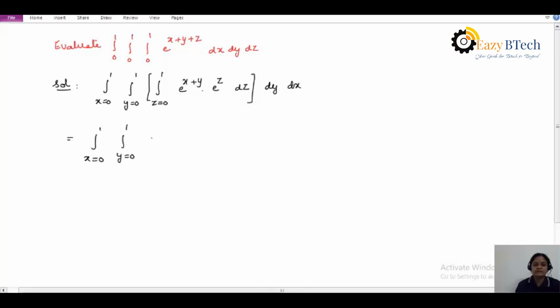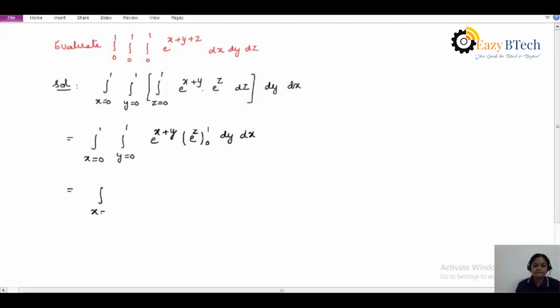So at first doing integration with respect to z, e power x plus y is as it is, then the integration of e power z is e power z only, within the limits 0 to 1, then next integration is dy dx.